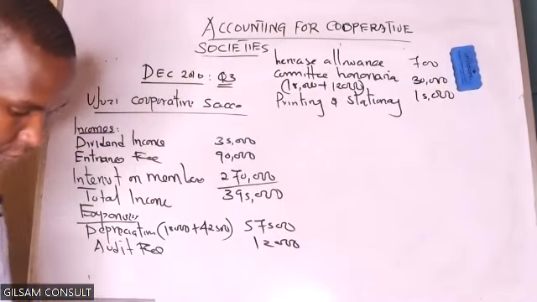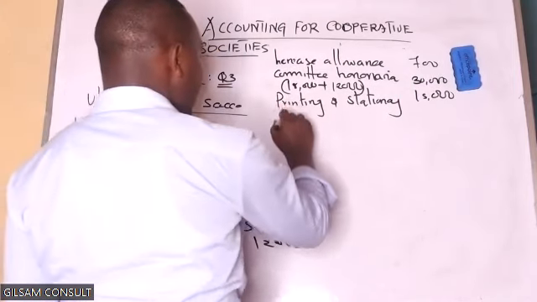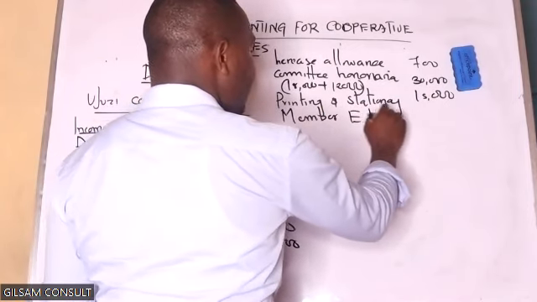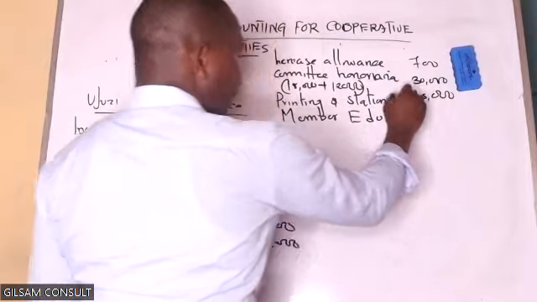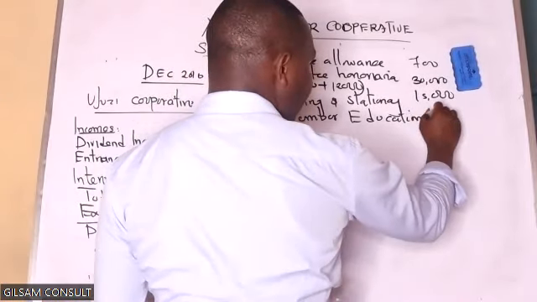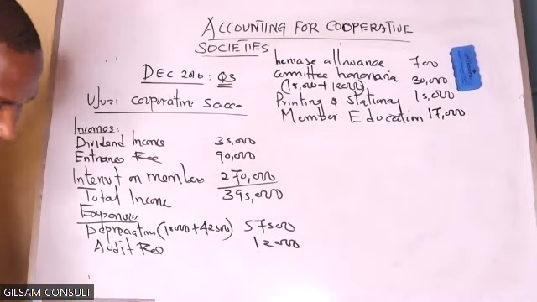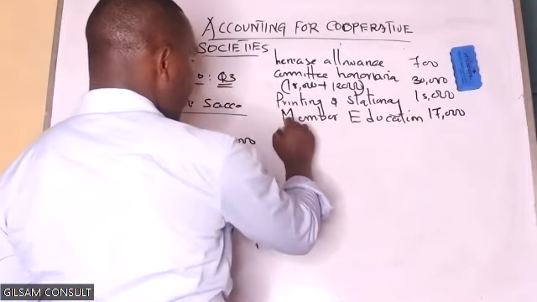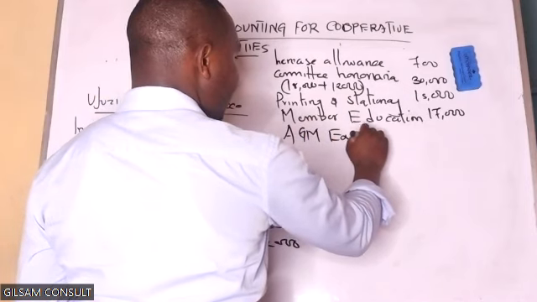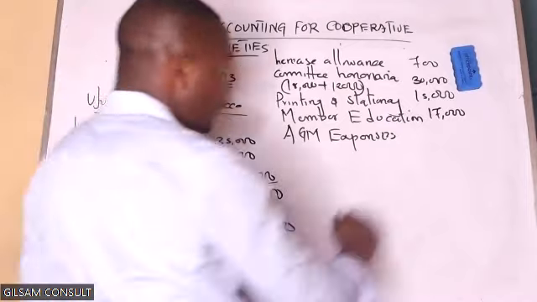Then committee allowance, we have adjusted. Members education, we have 17,000. What else? AGM expense, annual general meeting, 20,000.